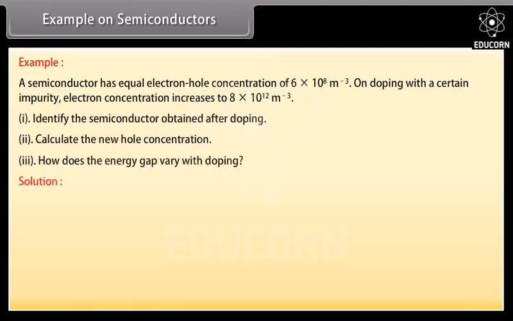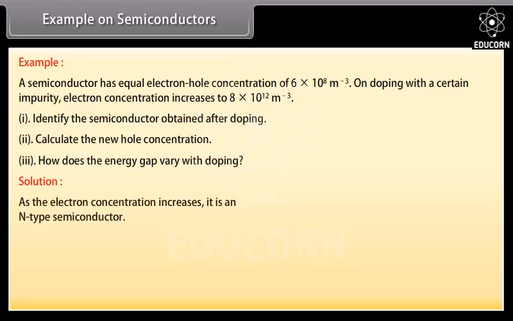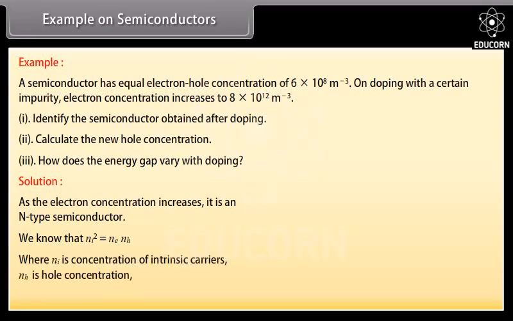Let's see the solution. As the electron concentration increases, it is an n-type semiconductor. We know that Ni square is equal to the product of Ne and NH, where Ni is the concentration of intrinsic carriers, NH is hole concentration, and Ne is electron concentration.